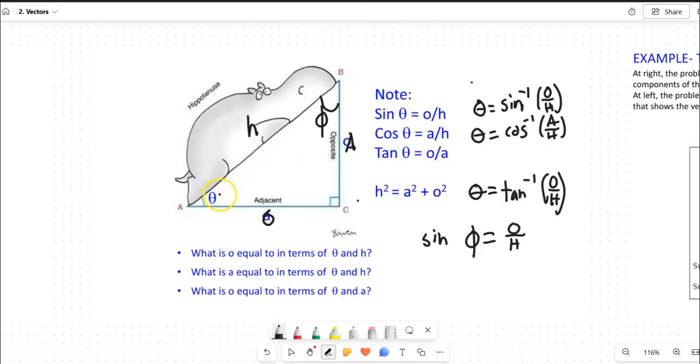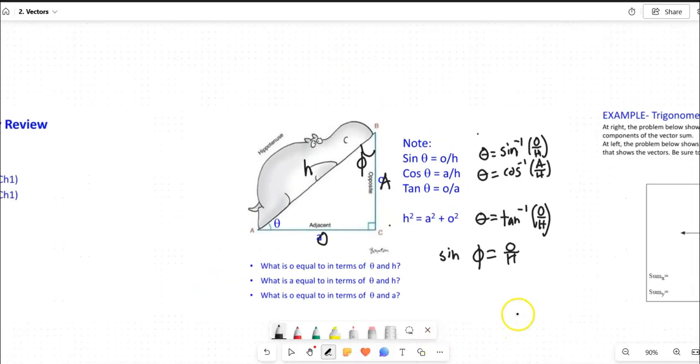If theta is right here, then the opposite side and adjacent side are right here. But if phi is right here, so if your angle is right here that you're choosing, then this is now opposite and this is adjacent.